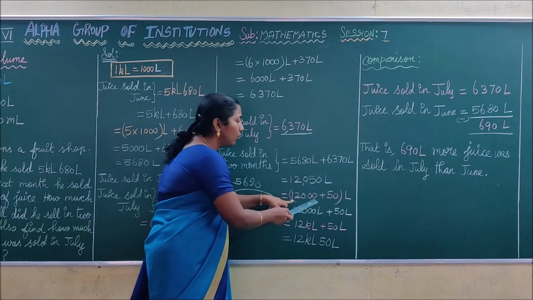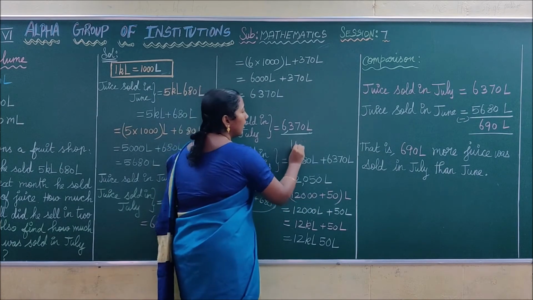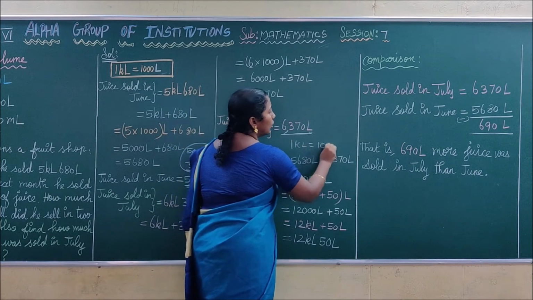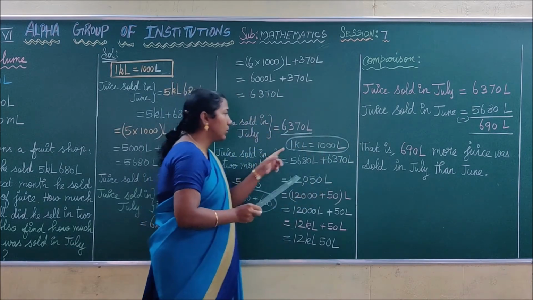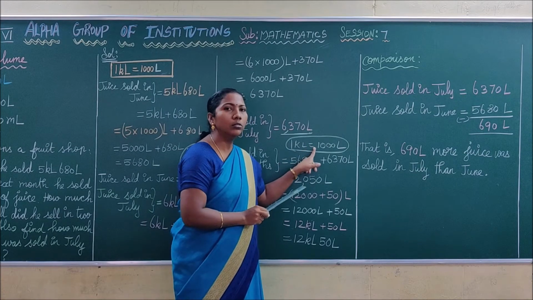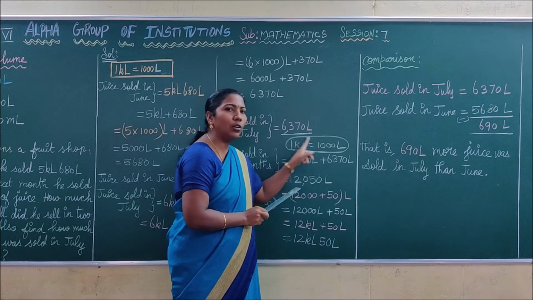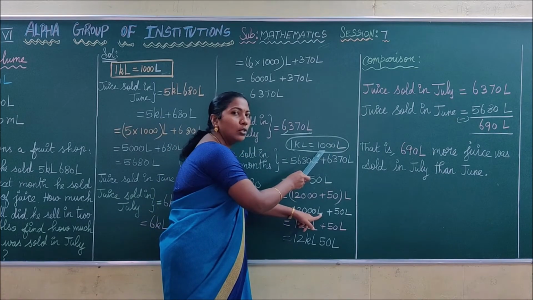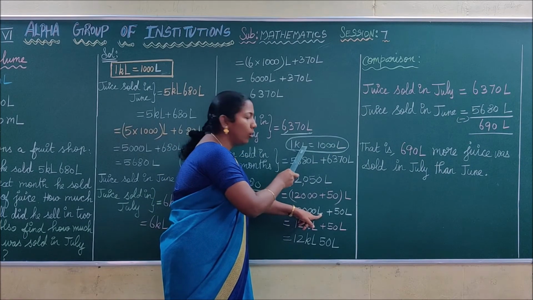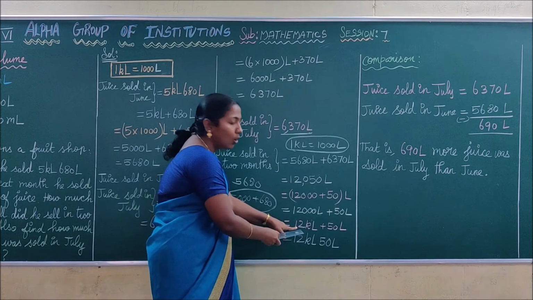Okay? We know that 1 kiloliter is equal to 1000 liter. We know it already. 2 kiloliter equals 2000 liter. 5 kiloliter equals 5000 liter. Here we have 12,000 liter, so it should be 12 kiloliter. That's why I am writing here 12 kiloliter.